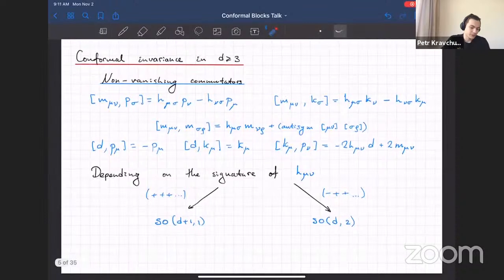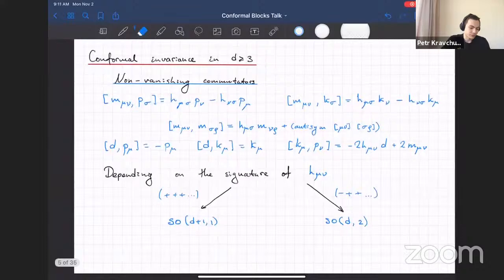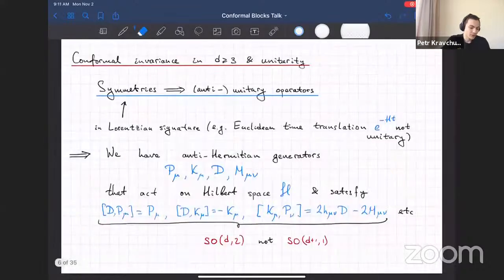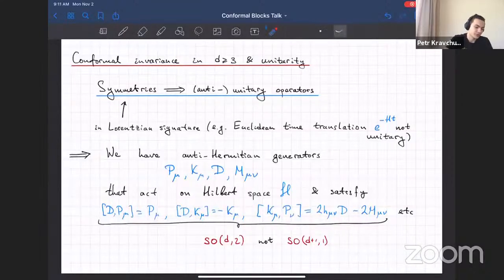So conformal field theories are theories which are invariant under such conformal transformations. We know that in quantum field theory, when we have a set of symmetries, the symmetries are represented by unitary or anti-unitary operators in the Hilbert space. The anti-unitarity is important for time reflections and so on, but in our case, we'll just have unitary operators.